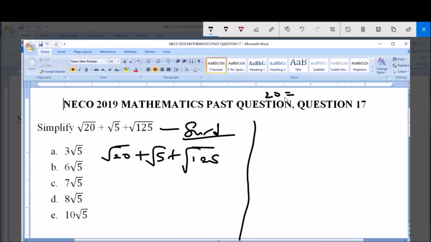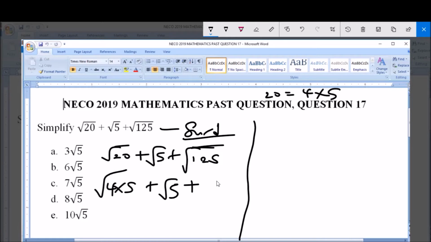A perfect square, and 20 can be a multiple of 4 and 5. Now 4 here is a perfect square of what? 2. 2 raised to the power of 2 will give us 4. So therefore we say root 4 times 5 plus root 5 plus, now also we will express 125 as a product of two numbers.